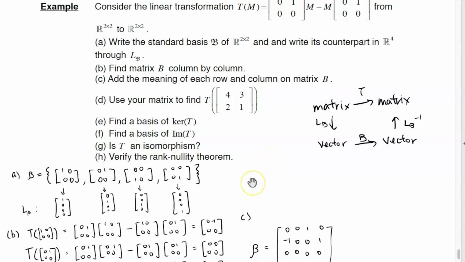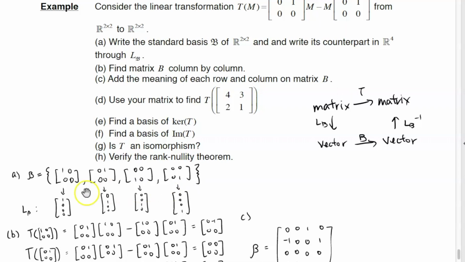So question A, we have to write a standard basis for the 2 by 2 matrices, and the easiest way is just to put a 1 in for every entry. And with these 4 matrices, I span the entire vector space. I'm going to identify each of these to a vector in R4, because since our vector space has 4 dimensions, I'm going to have to work with R4.